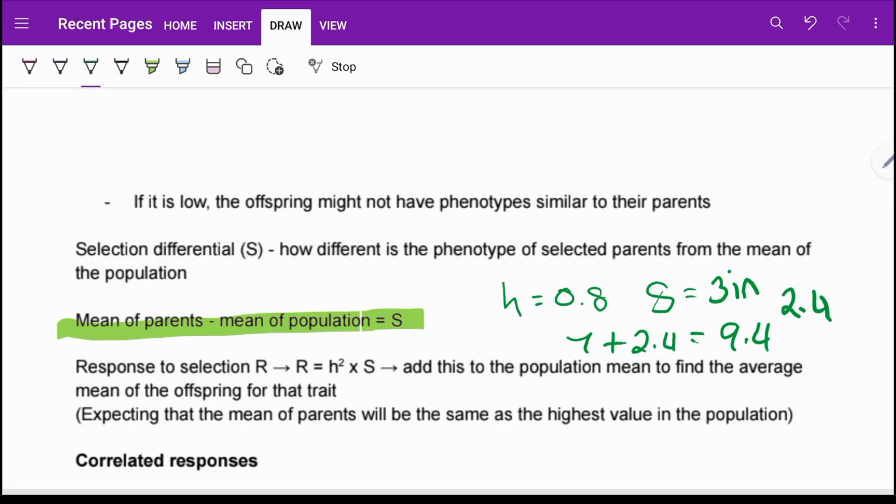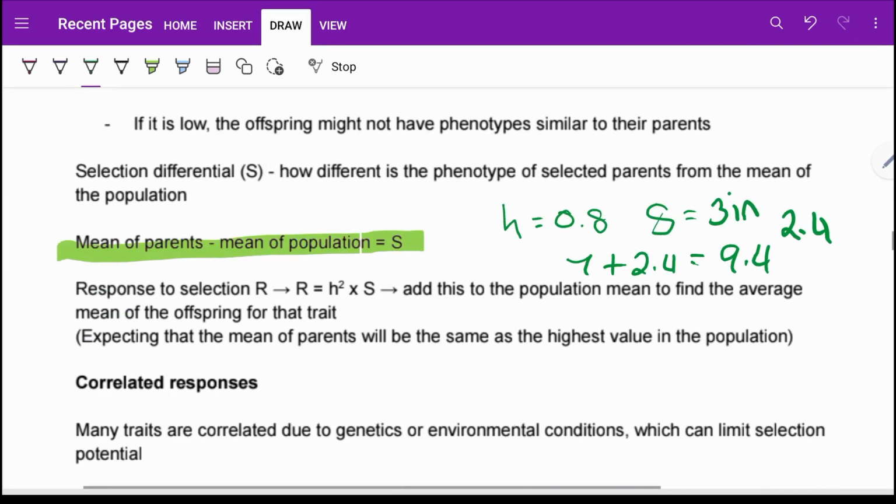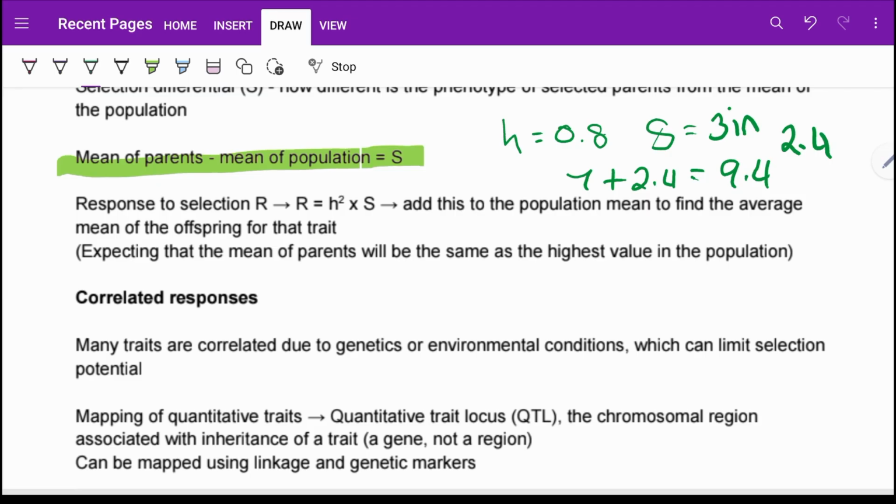So that's how we use response to selection to determine what the average of the offspring would be when compared to their parents, and we have that narrow sense heritability brought in. So if we had a really small h, say h was 0.2, so there wasn't a huge genetic component to this corn ear trait, and we still had S equals 3 inches.